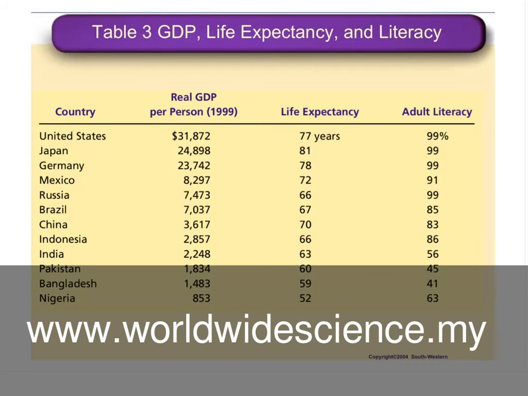As you can see, in the U.S. the real GDP per person is pretty high, and the life expectancy was 77 years, and adult literacy was 99%. Then Japan, you see the GDP, the life expectancy, and the adult literacy.